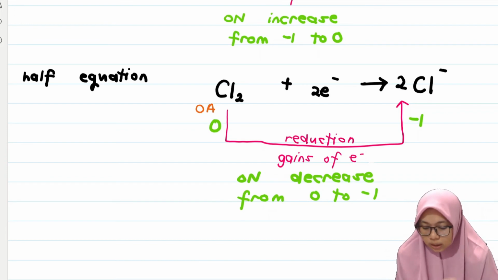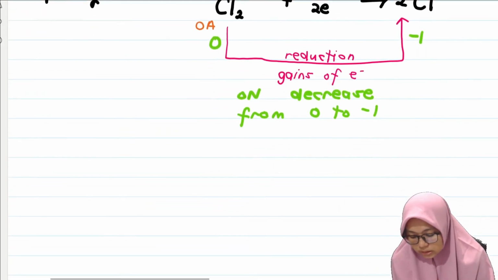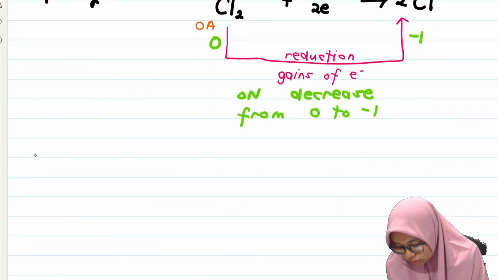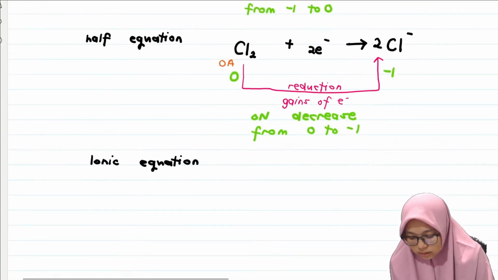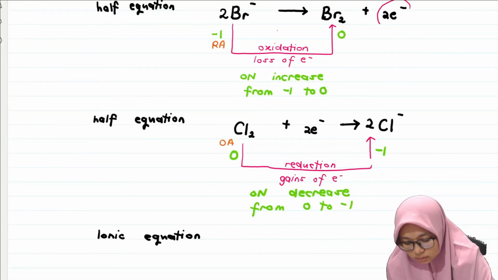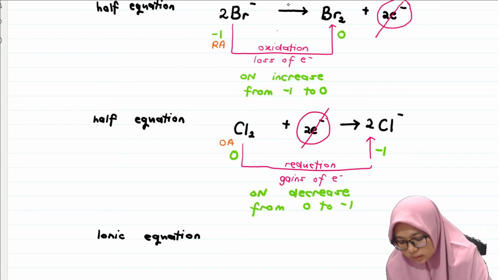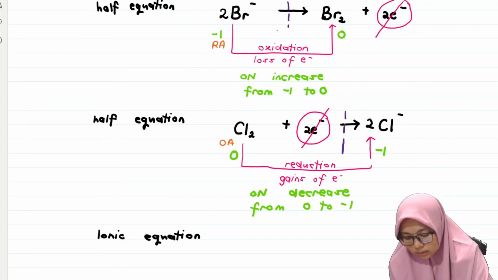So these are the half equations for both reactions. You can form the ionic equation same as the previous reaction. In this reaction, you can see you have the same number of electrons, so you can just cancel out the electrons and copy the reactants again.